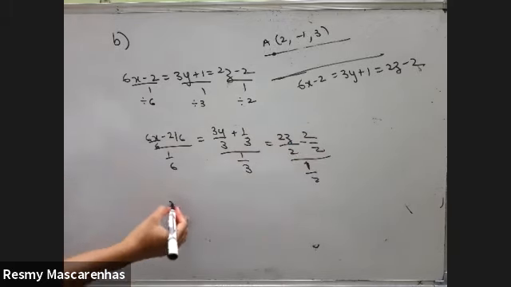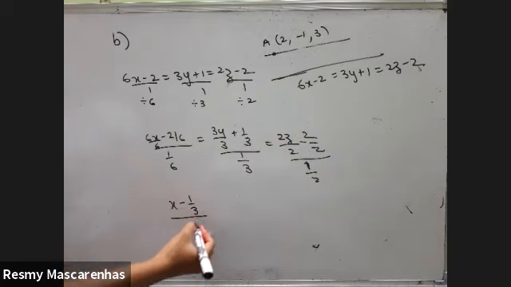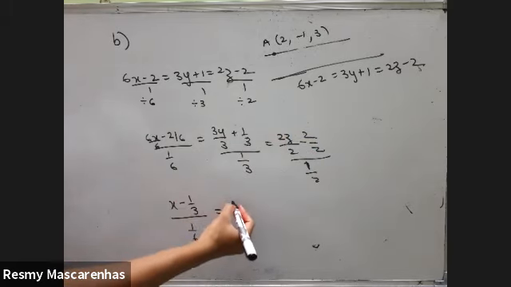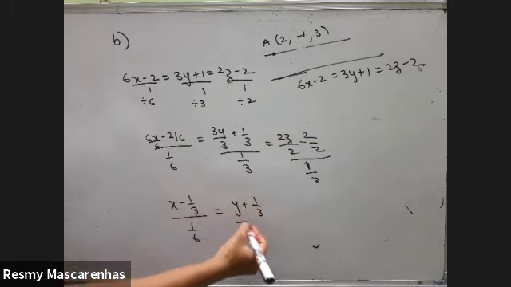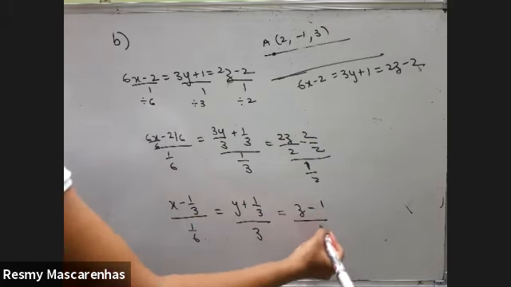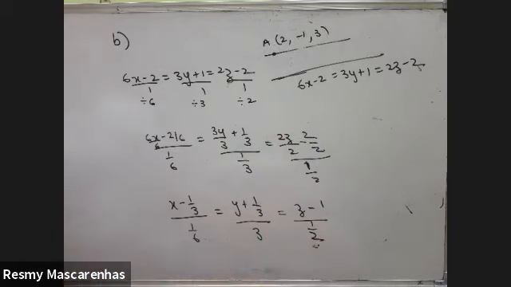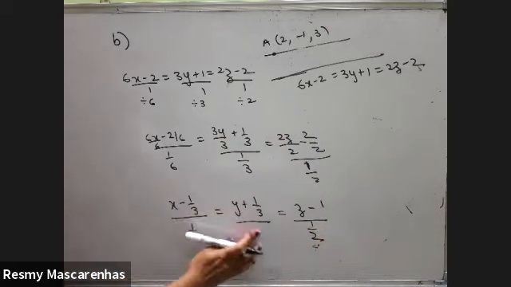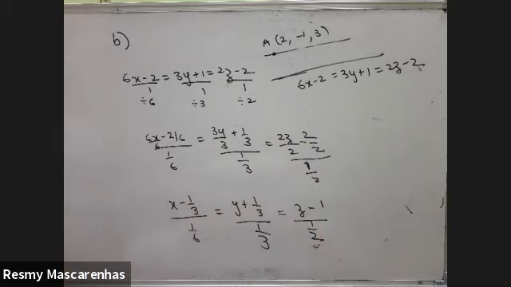So this will be x. Okay, so your direction ratios are what? 1 by 6, 1 by 3, 1 by 2.